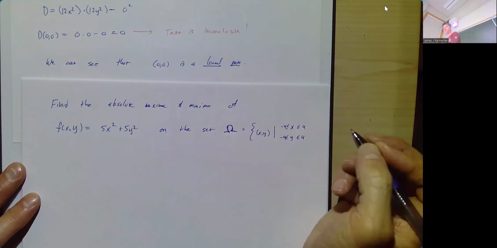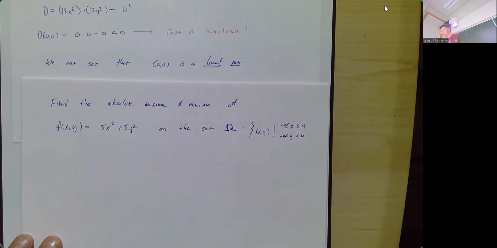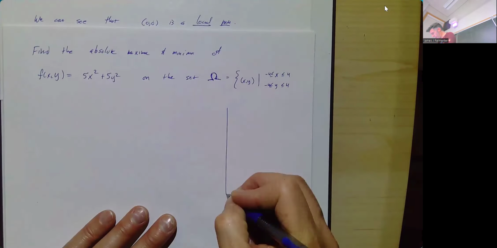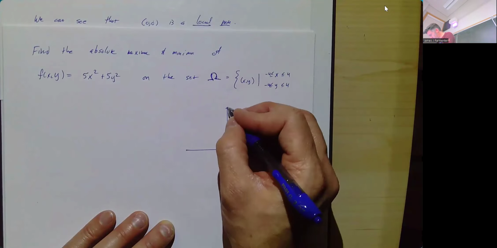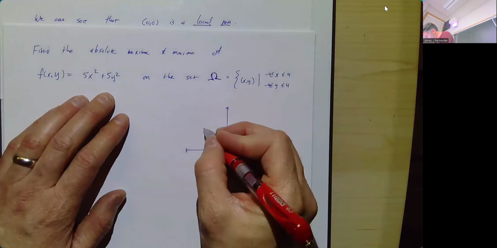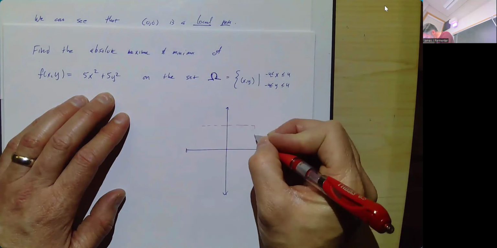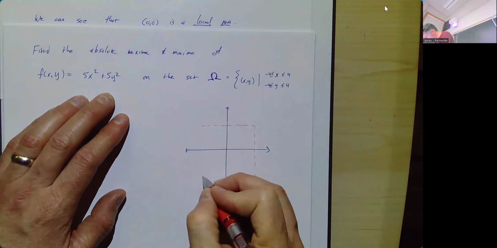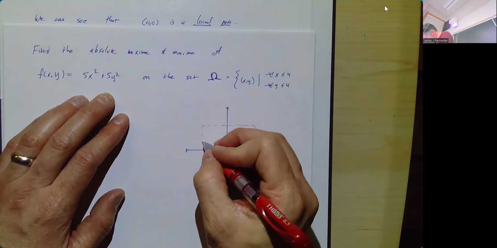You don't have to, but I like to draw the set. So here's my XY coordinate system. And here's y equal to 4, here's x equal to 4, here's y equal to -4, here's x equal to -4.